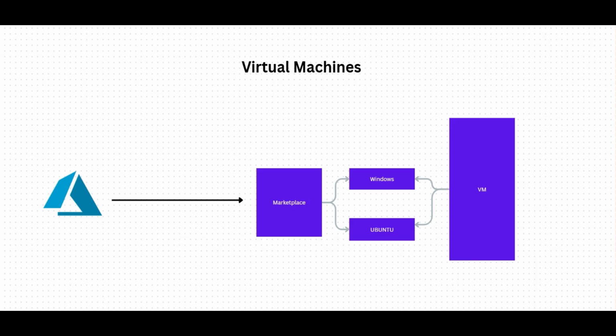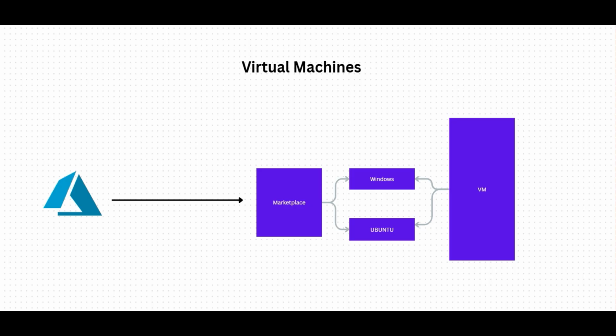But Azure virtual machines aren't limited to just pre-built images. You can also customize your own system, set up the operating system, install specific services, and configure the environment based on your need. Once setup is done, you can create an image of your configured VM.